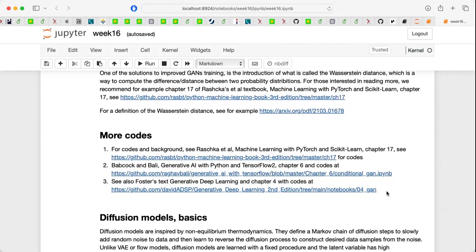So GANs, the way we presented them, have many problems, also with vanishing gradients. We have problems with achieving equilibrium.